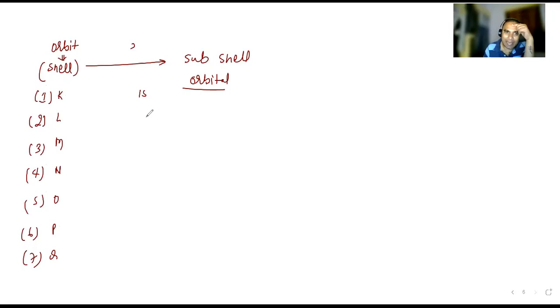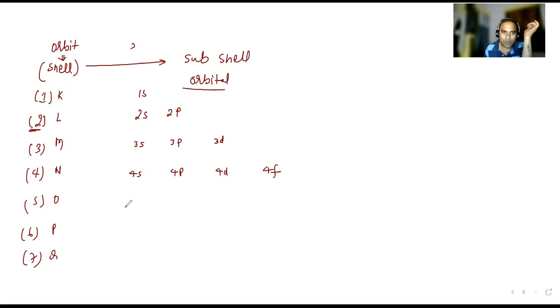If you are going to l, so l is also having 2s and 2p. So these two imply the orbit number. Third one, if you are going, it is 3s, 3p, and 3d. If you are going to 4, it is 4s, 4p, 4d, and 4f.